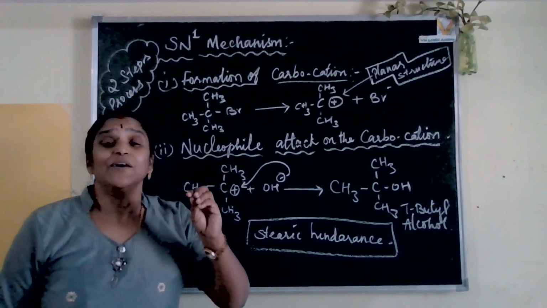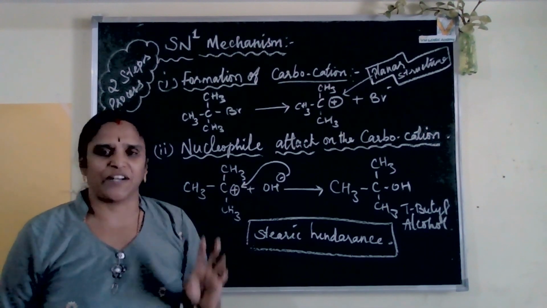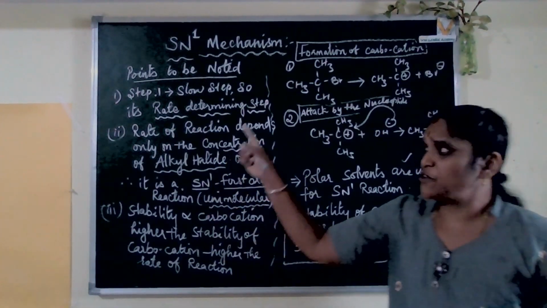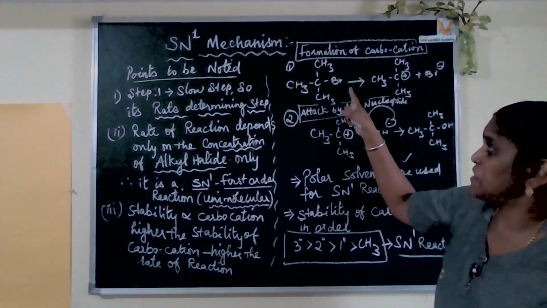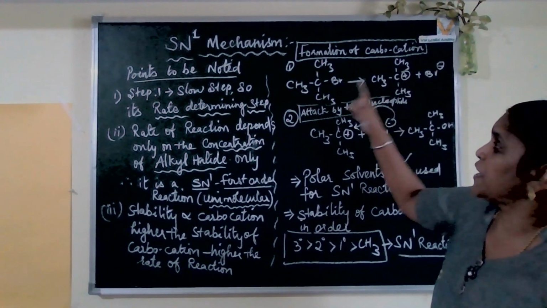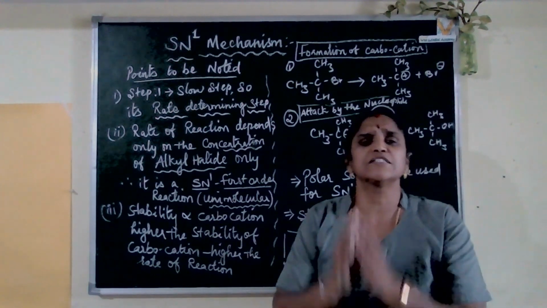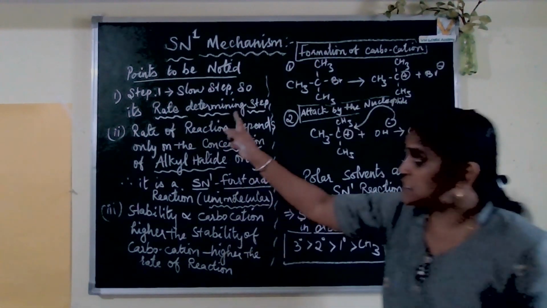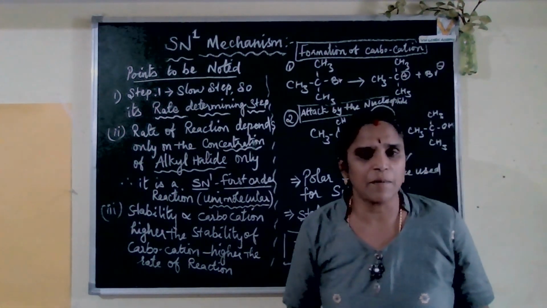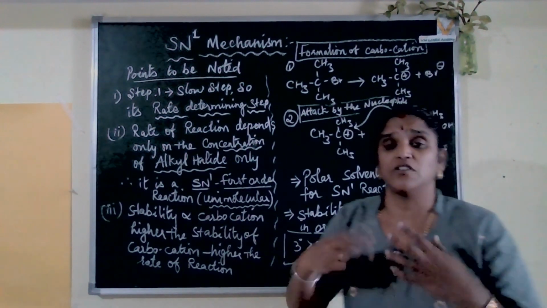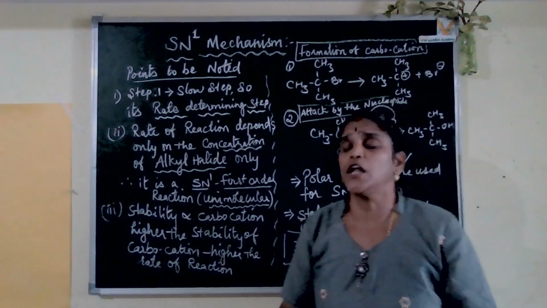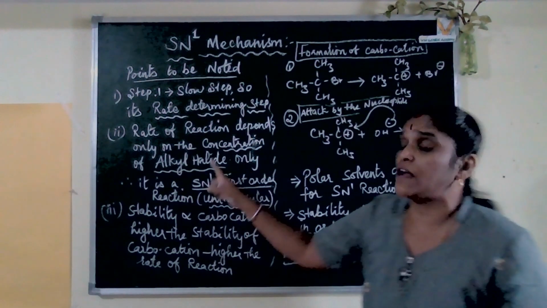Okay, now what are the points to be noted? The first point, as I mentioned, is the formation of carbocation. The first step is a slow step reaction. A slow step means that it is the rate determining step. The second one, the rate of the reaction depends only on the concentration of alkyl halide.